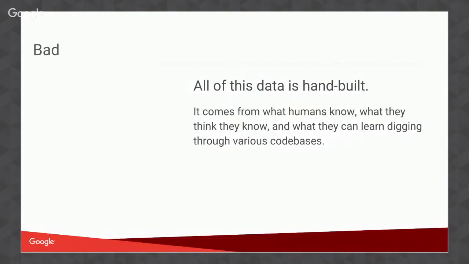Well, here's the problem. All of this data is hand built. It comes from what humans know, what they think they know, which is the really scary part, and what they can learn by digging through databases.